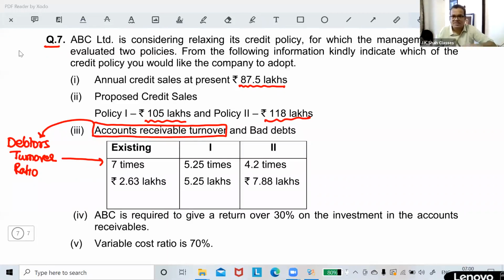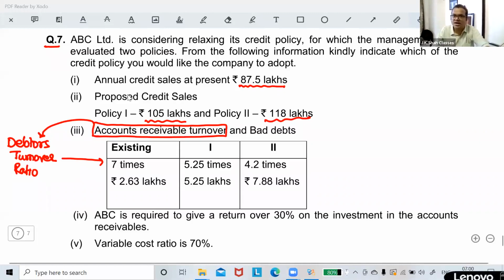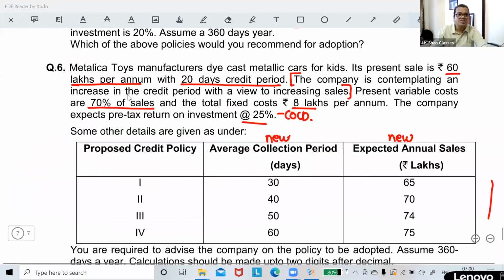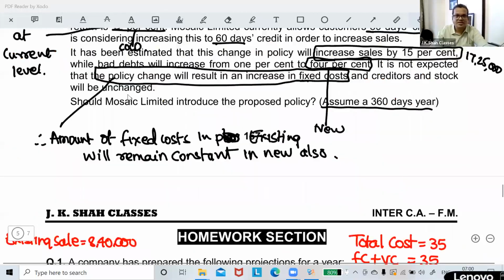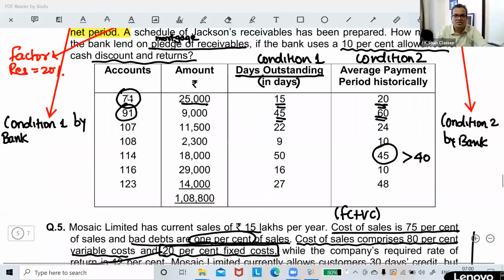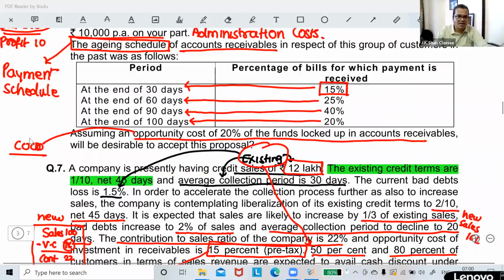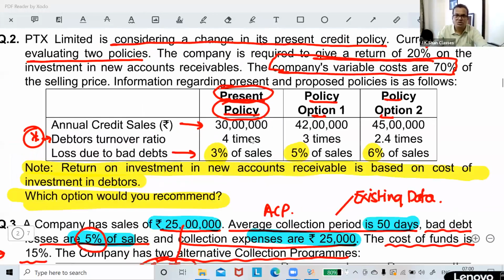Correct. See now, I'll show you. Debtors turnover ratio. Remember what we do? I got a perfect reply, a very prompt reply from someone.